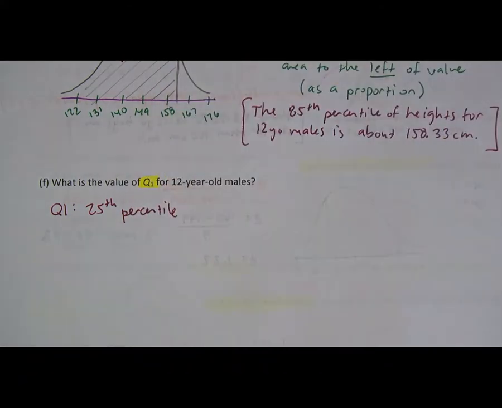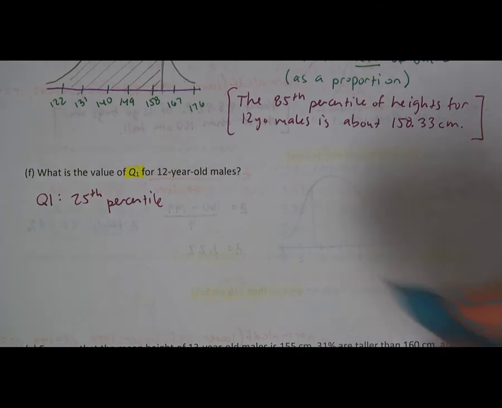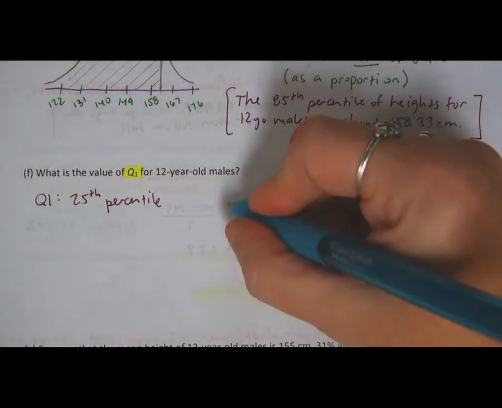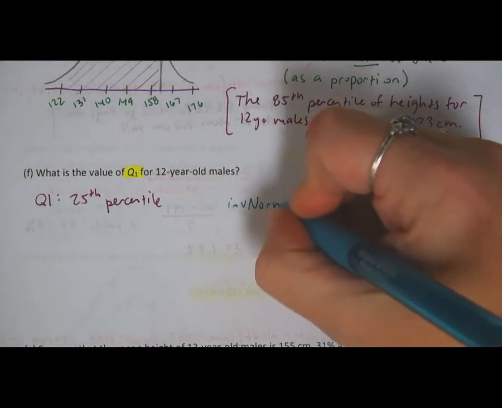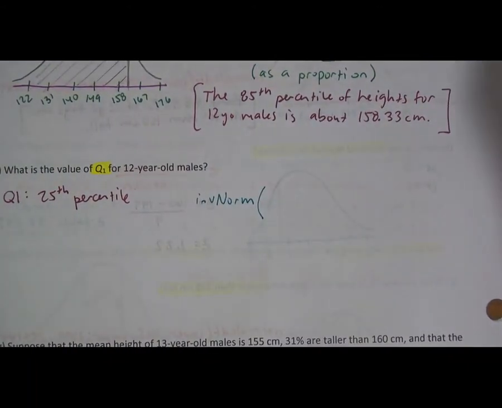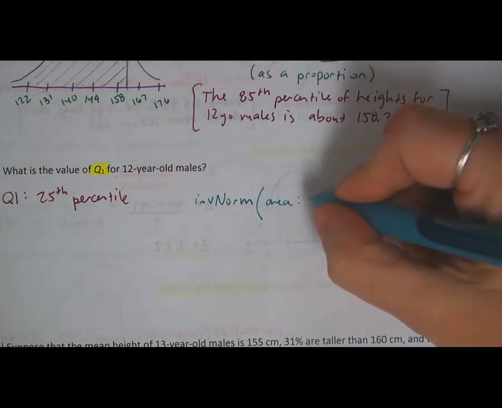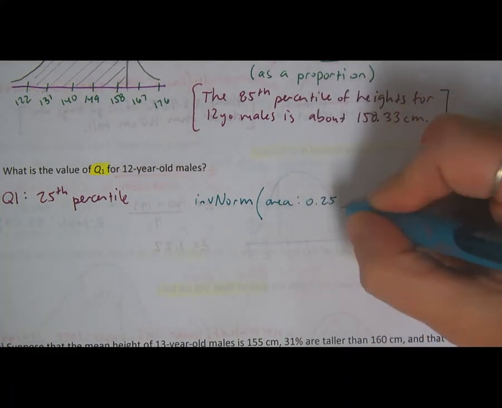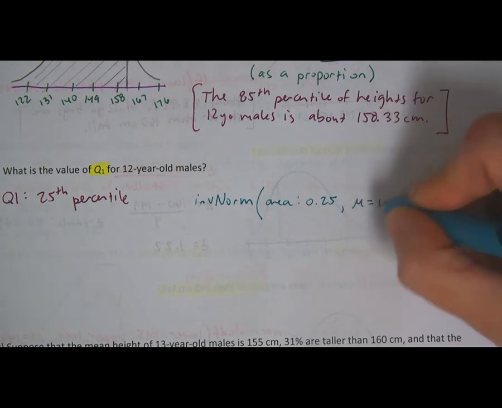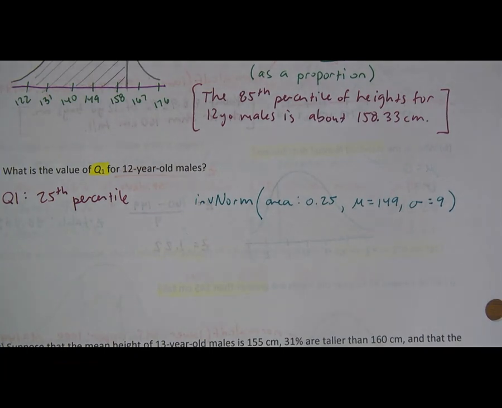We're tying together all of our old knowledge. For the sake of time, let's not draw a picture. We know that we're going to use inverse norm. Here's how you would put it in the calculator, or put it on your free response. Tell your grader that the area to the left of the value of interest is 0.25, mu is 149, and sigma is 9.